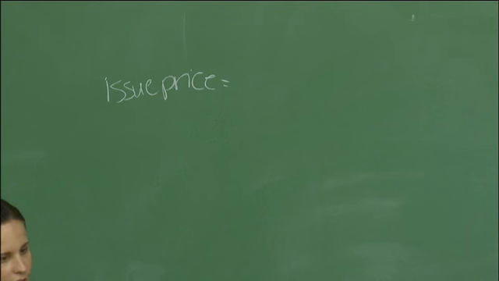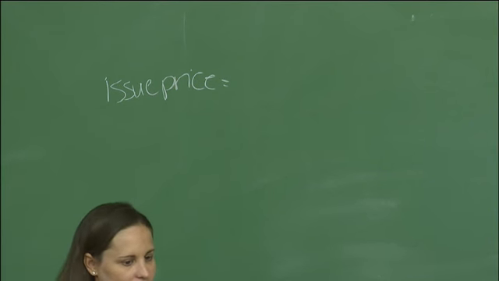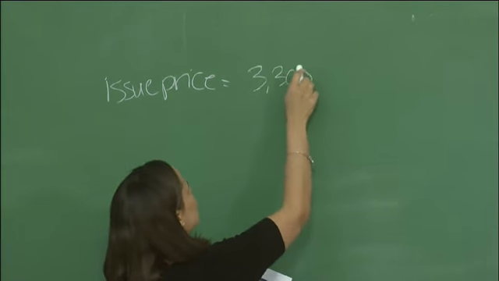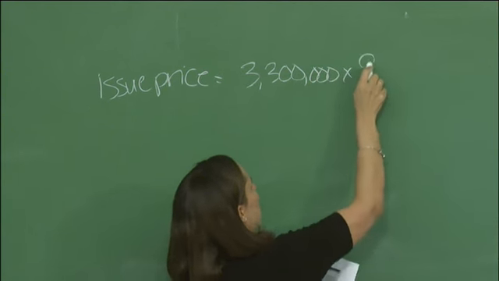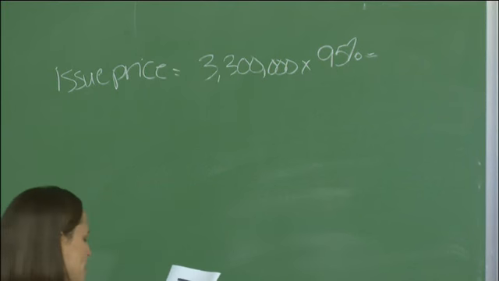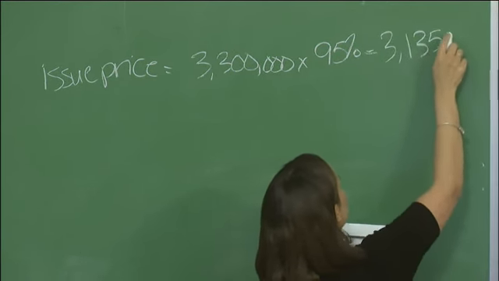Well, the problem tells us we issued these notes at 95. Okay, maturity value is $3,300,000. We issued at 95, so that means 95% of the maturity value. So you multiply by 95%, get $3,135,000.